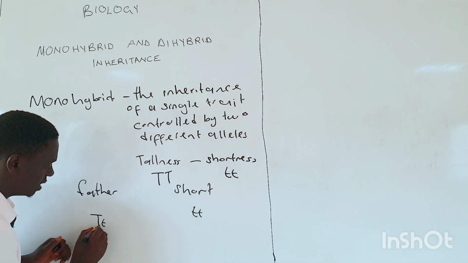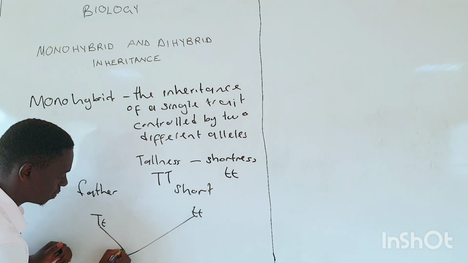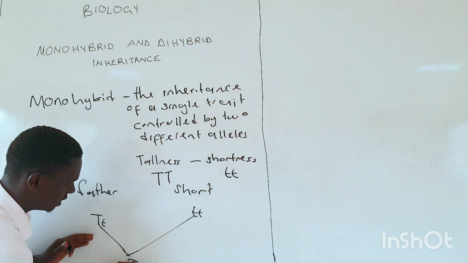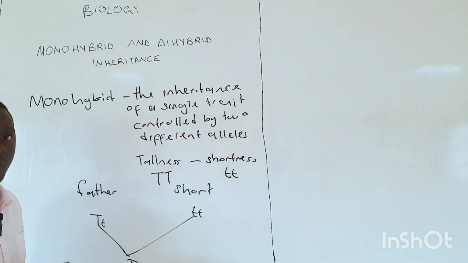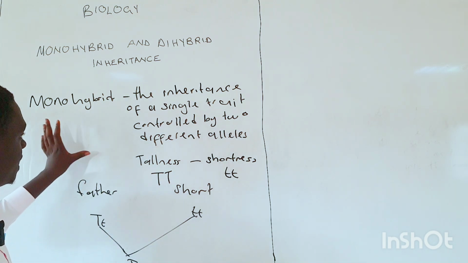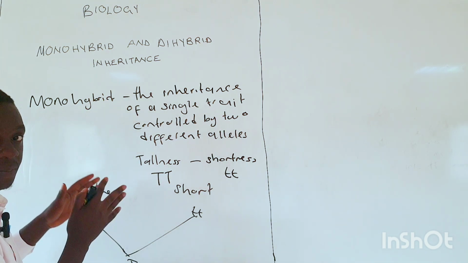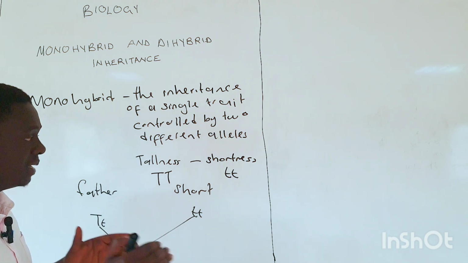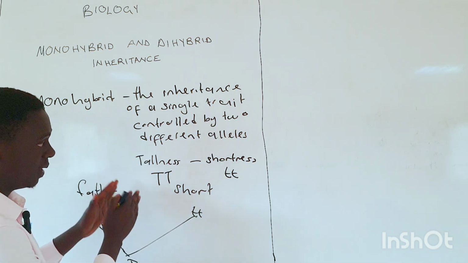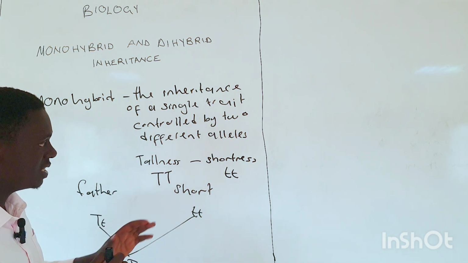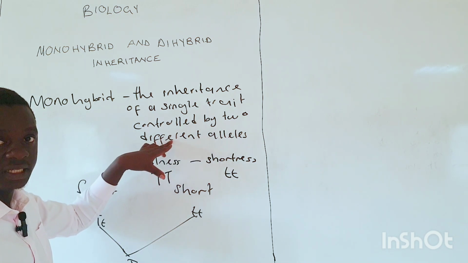Now, when you come with the crossings, we shall have what we call T. This is what I mean by monohybrid inheritance, that a single trait of an organism is transferred from the parent to the offspring, but this trait is controlled by different alleles.